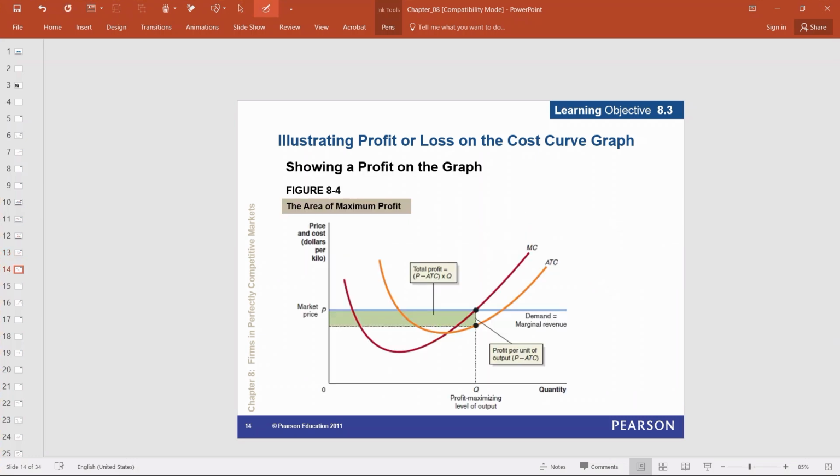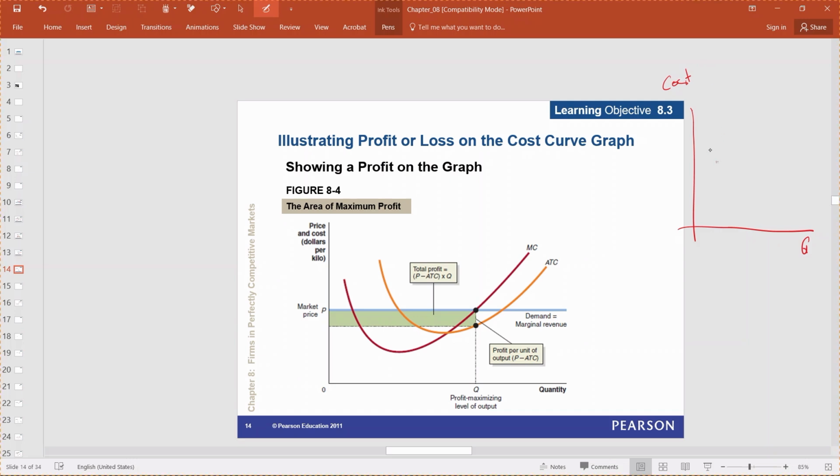So here again, we would like to know what profits this firm could make, but some revision on the cost function needs to be mentioned. You remember that we have here quantity and then cost.